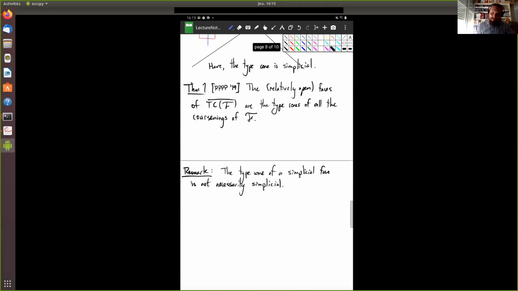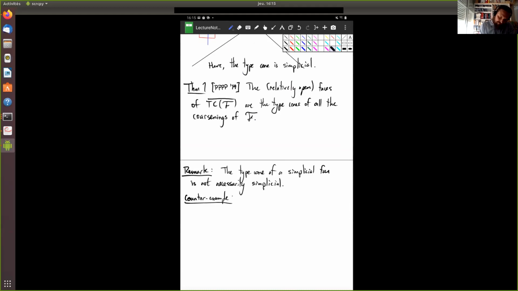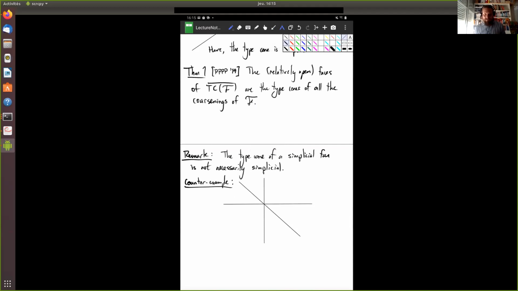So maybe I can give a counterexample for this. It's a counterexample in 2 dimensions, and it's really easy to draw as well. It's similar to the G-vector fan in type A2, but I've just added 1 ray, so it becomes symmetric. And if you compute the type cone of this, it's not simplicial anymore.